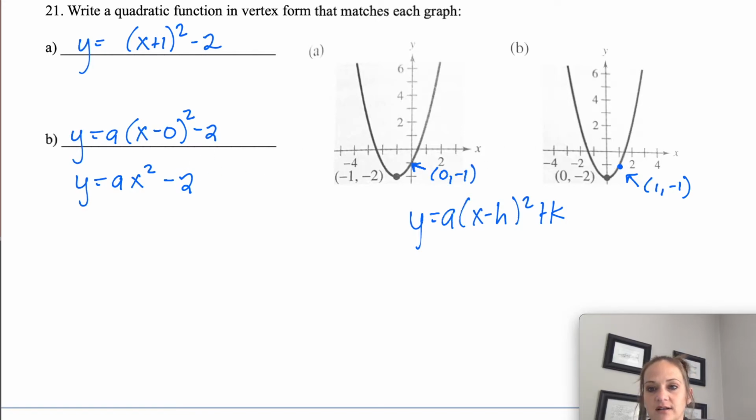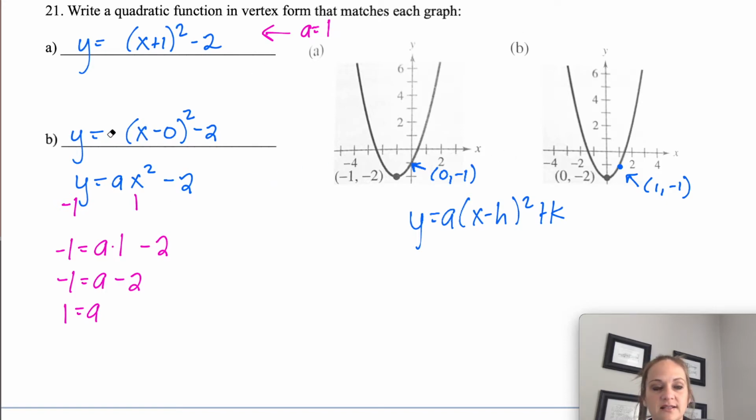So I'm going to plug a 1 in for x and a -1 in for y. So I'll get -1 equals a times 1 minus 2. So I'll get -1 equals a minus 2. So when I add 2 to both sides, I will still get a to be 1. And so therefore, since a is 1, I can automatically just get rid of it and say that this is my final answer.